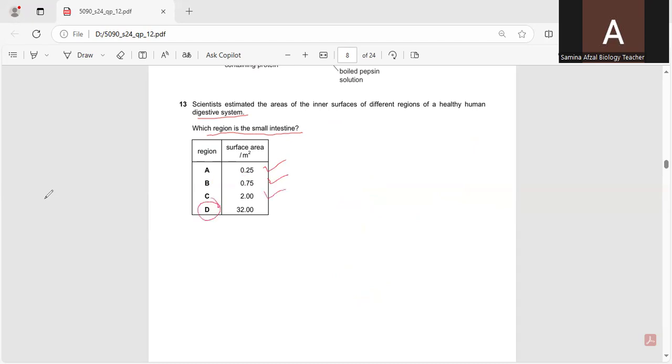D is the correct option, because the small intestine has a large surface area for more absorption of nutrients. A larger surface area allows the nutrients to be absorbed very easily. So D is the correct option.